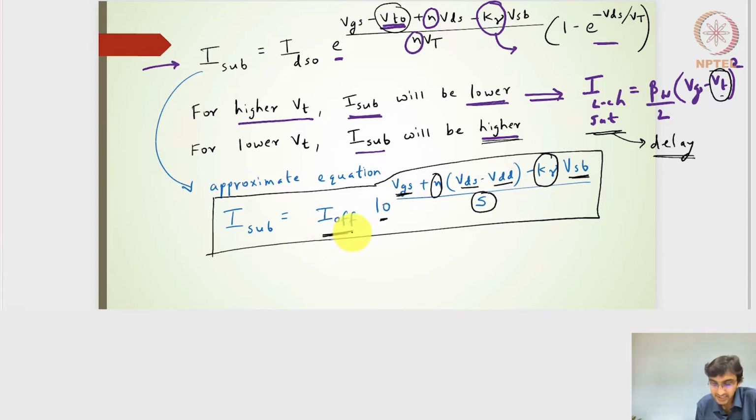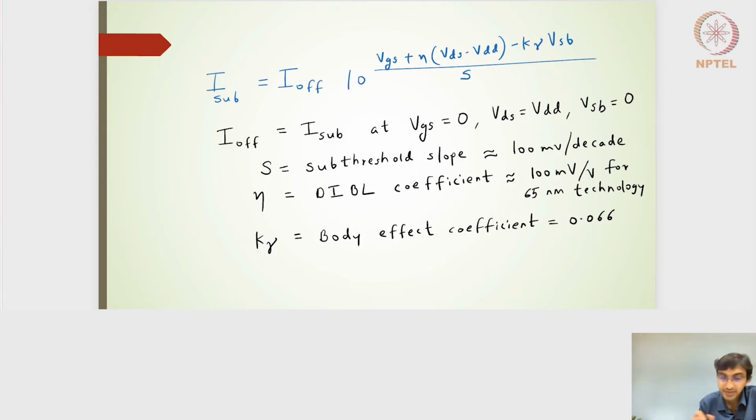I naught is one of the components, which I'll explain in the next slide. So hope this is clear. Moving on, this is the expression we are going to use to analyze the circuit towards the static power, or towards the subthreshold leakage current. So let's have a detailed look at it.